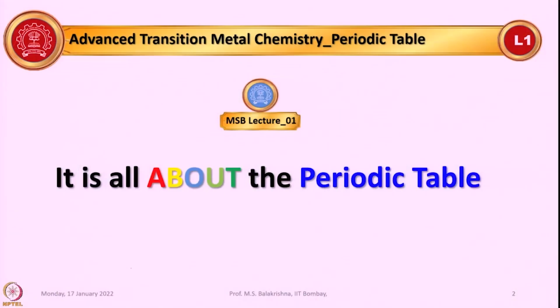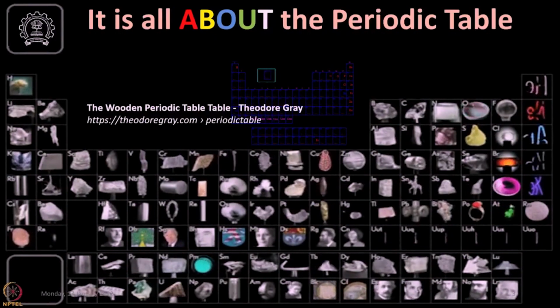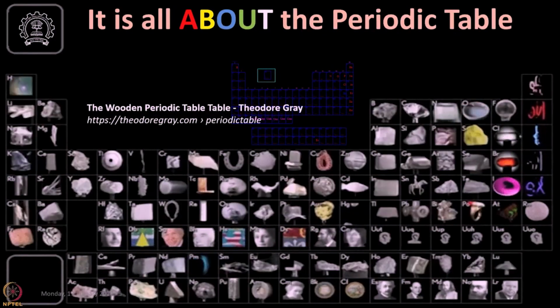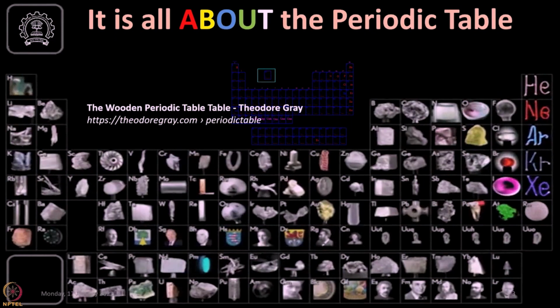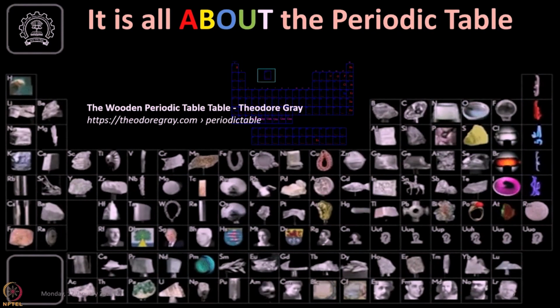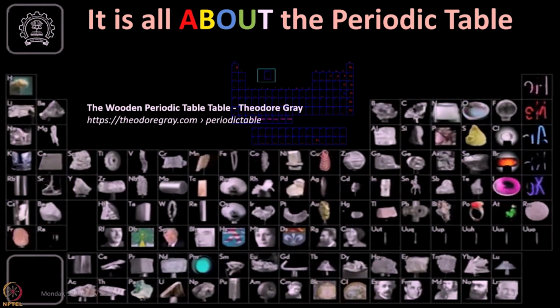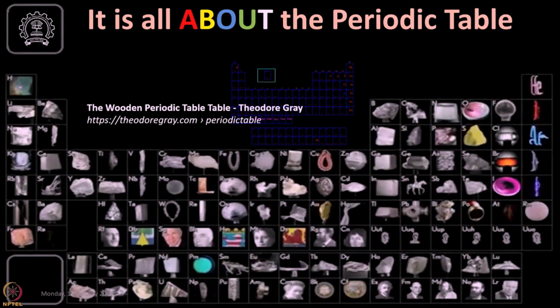The title of this lecture 1 is: it is all about the periodic table, and you can see the periodic table I have shown here. If you just see the different objects under each element, that essentially describes the utility of various elements, alone or in combination with other elements or compounds, in day to day life.